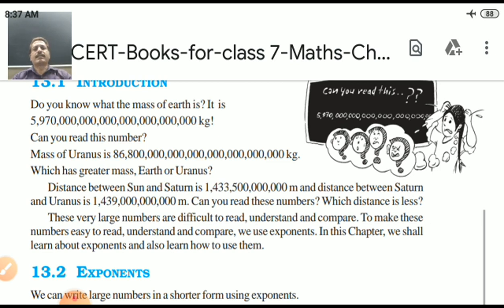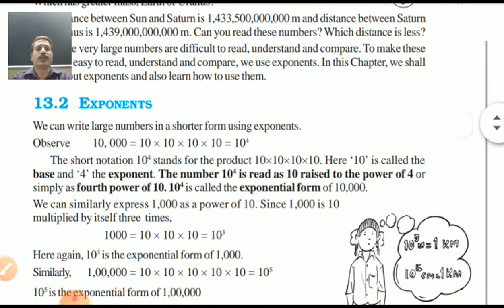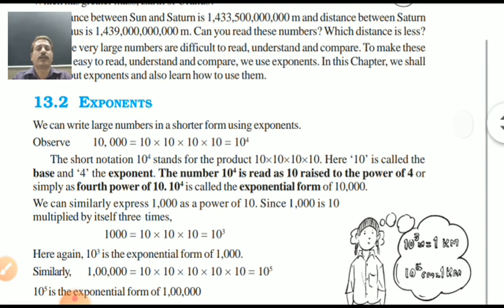To make these numbers easy to read, understand and compare, we use exponent. In this chapter, we shall learn about exponents and also learn how to use them. 13.2 exponent. See the students here, you already studied about this one.